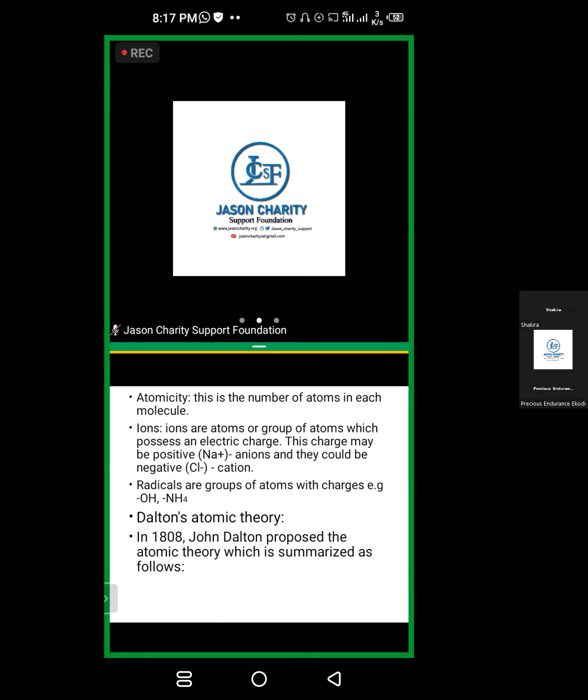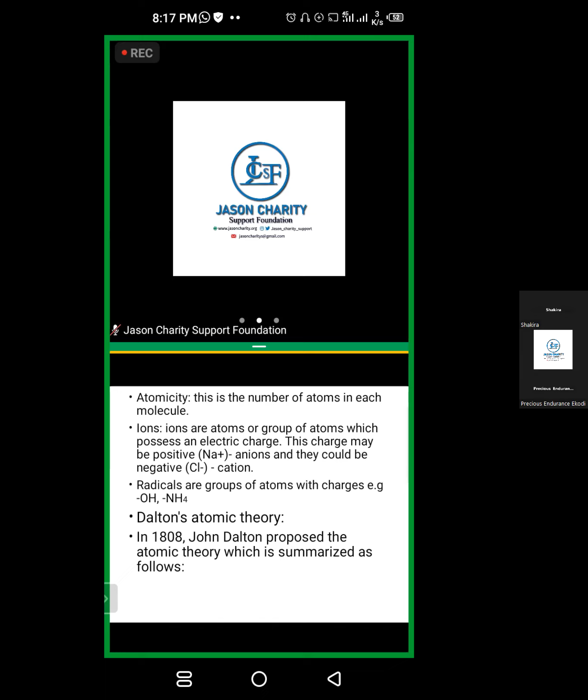And notice that these ions are actually single elements that now have charges. Now, we also have what we call radicals. Radicals are actually groups of atoms with charges. Example here, we have the hydroxide ion, OH minus.